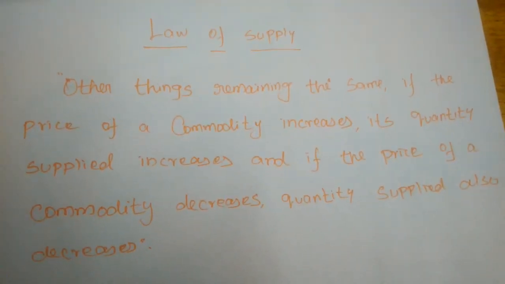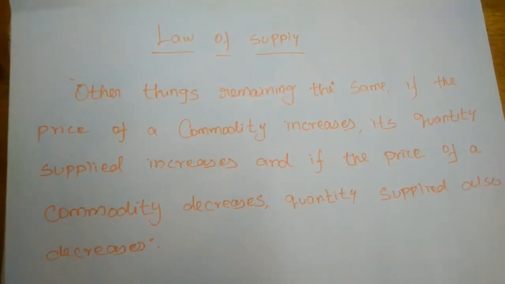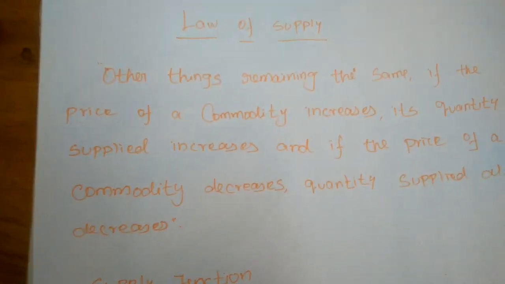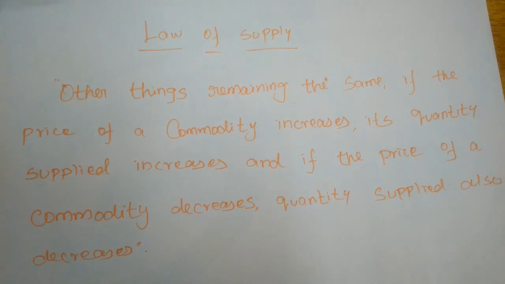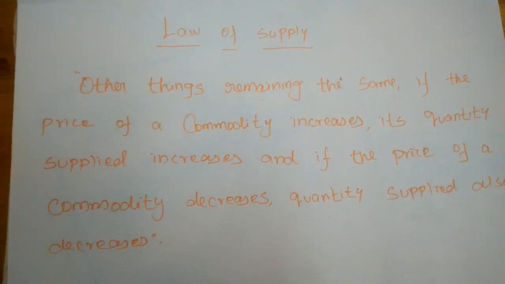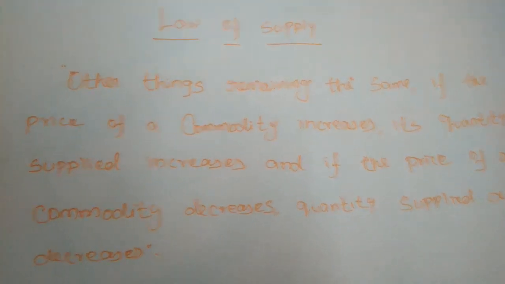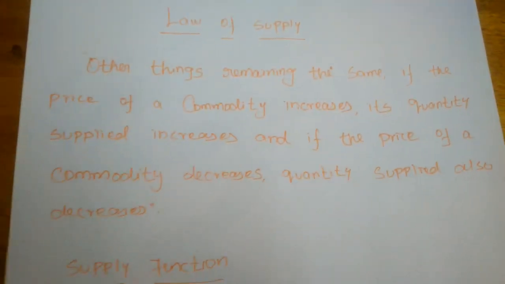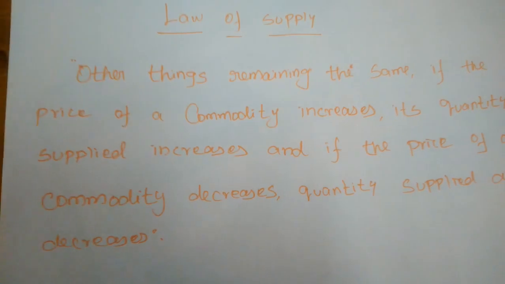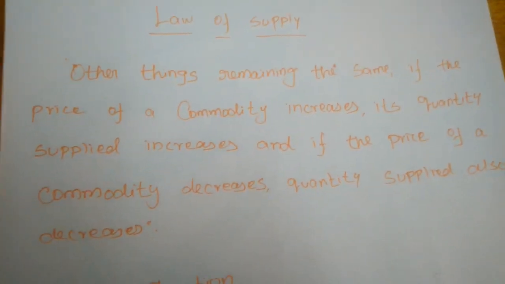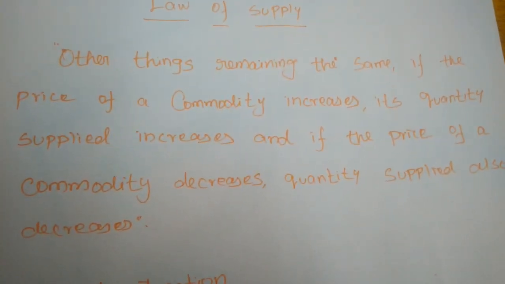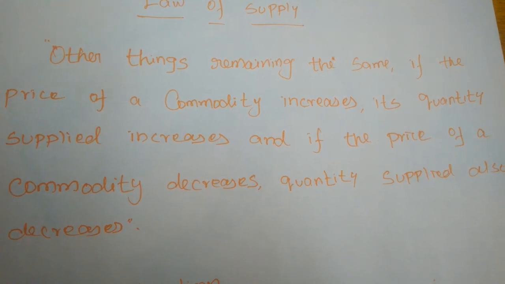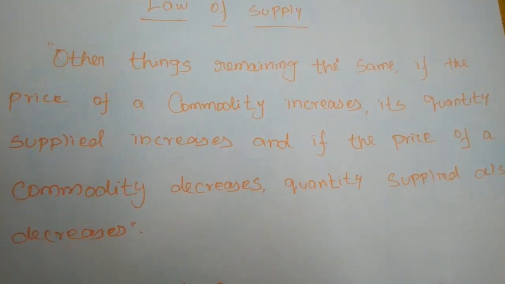Okay students, the next concept: the law of supply. We have already studied the law of demand. Like that, the law of supply refers to the direct relationship between the price of a good and the supply of the good.